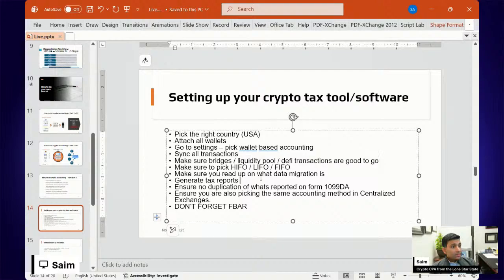So generate the tax reports in the third-party crypto tax tools. Make sure there's no duplication. Remember, we talked about this duplication. This is the big one that everyone needs to watch out for.